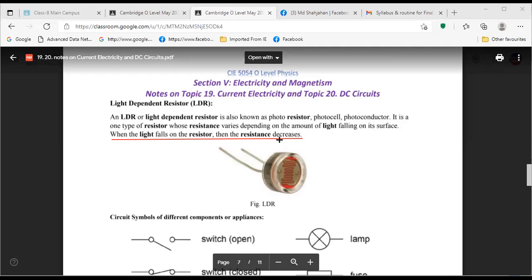So we are done with topic 19 completely by this discussion. Next we have DC circuits. After the earlier discussions, you see we are having circuit symbols of different components or appliances. So DC circuits start from there.